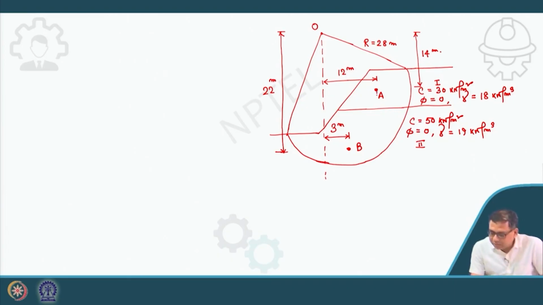So now here we have weights W1 and W2. First we will check the slope under static condition.